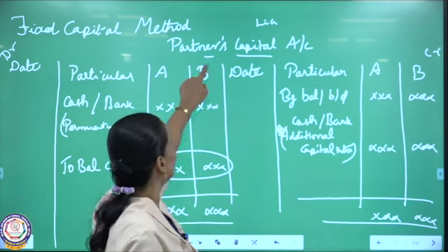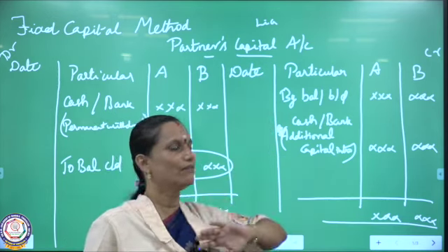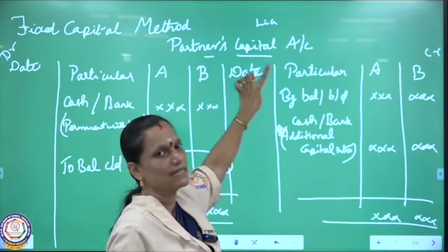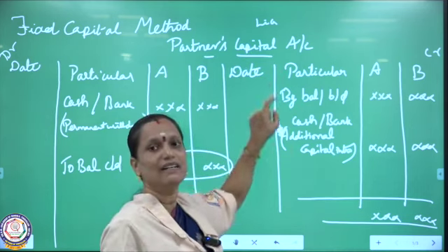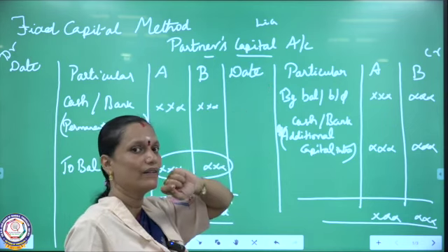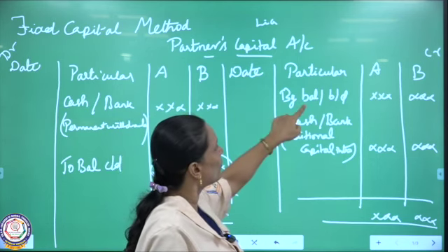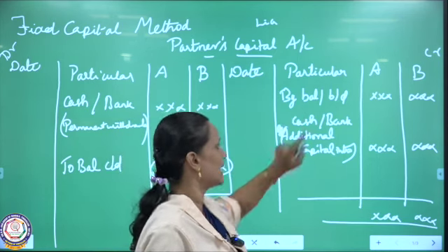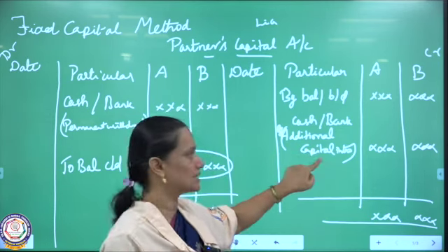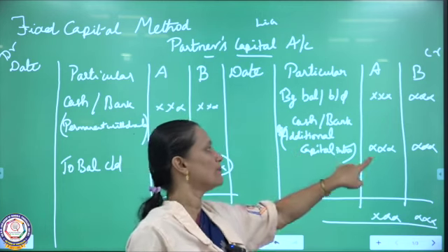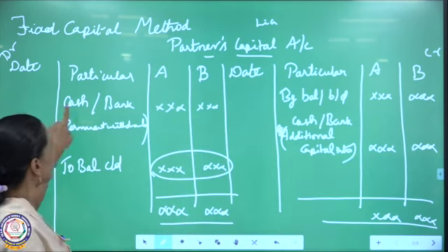In this partner's capital account, what are all the things that will be there? Capital is a liability, you know that very well. So, the opening balance comes on the credit side. If it is an asset, it comes on the debit side, that you know very well, I already said in the last chapter. So, by cash or bank. Additional capital, if you are introducing again, we also have to mention here, and then cash or bank.